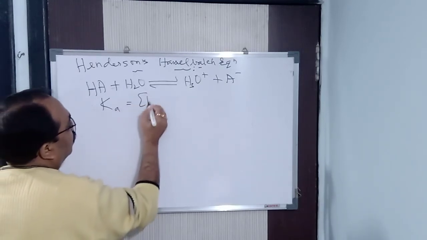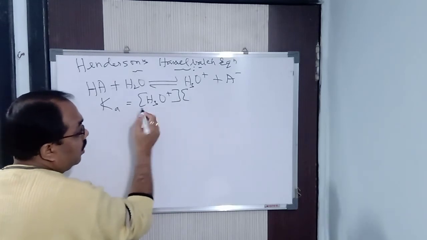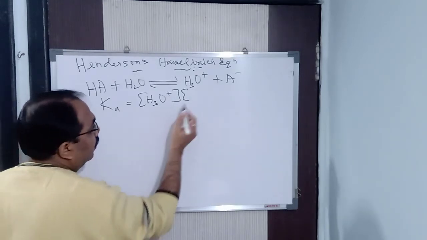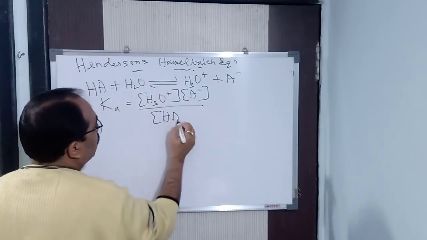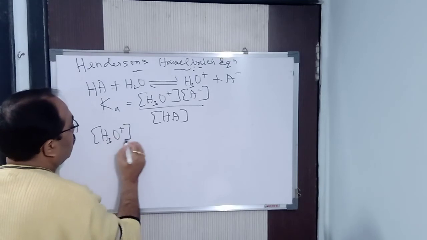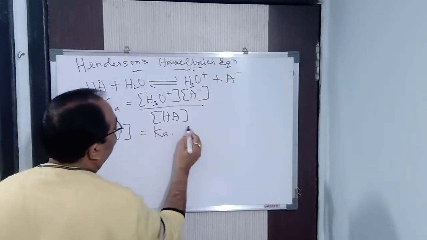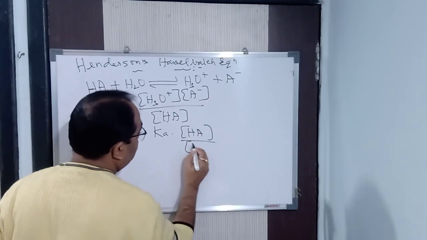Ka is the concentration of H3O plus times the concentration of A minus divided by the concentration of HA. Now the concentration of H3O plus is equal to Ka times the concentration of HA divided by the concentration of A minus.